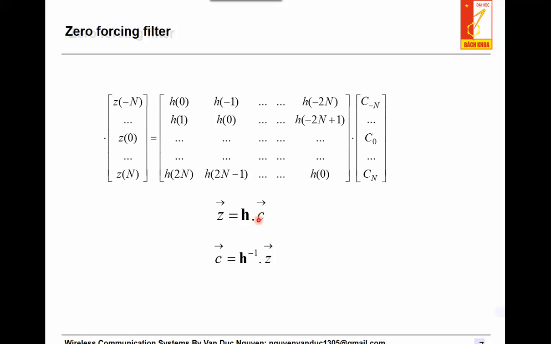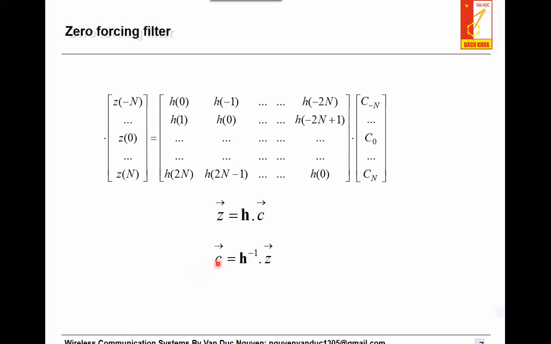So now you have a relation between the filter coefficient vector C, the matrix S, and Z, the vector of output of the filter. And it's also easy to calculate the filter coefficient by the inverse matrix of the channel coefficient with the filter output. So this is a mathematical description of how to calculate the filter.